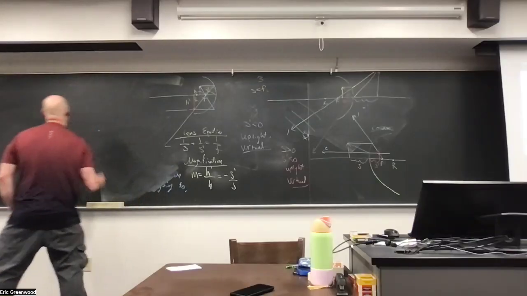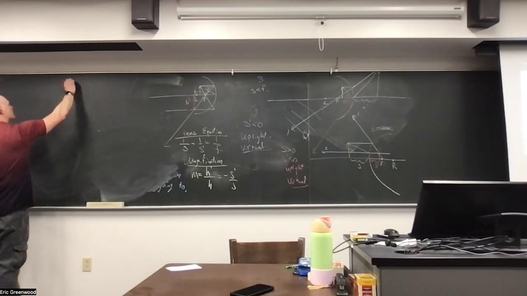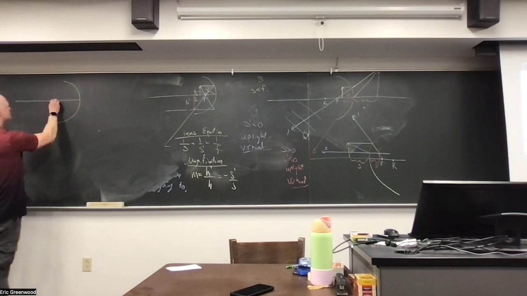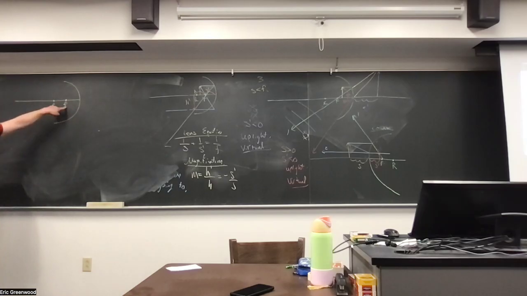So let's talk about this. Let's draw this. First of all, just to get practice drawing ray diagrams, let's draw the ray diagram. So here is my object here. This is my mirror. This is my radius of curvature. Here is my focal length. Again, this is 30, which means this guy's 15. Okay.